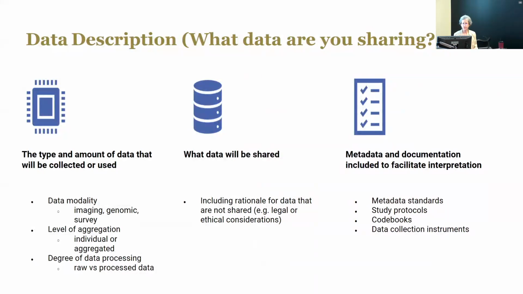And then you're describing, you don't have to go into all kinds of terrible detail, but you're at least describing the standards and documentation you're going to put with that data to describe it. Whether that's standards, we're going to share the protocols, we might have some code that we're going to put with it. If we're doing survey data, we'll include the surveys. So what are you putting with this data to help somebody figure out and interpret it?